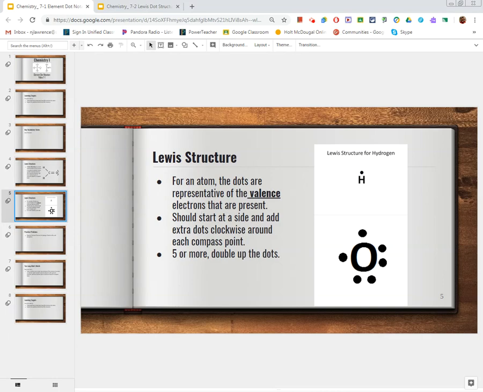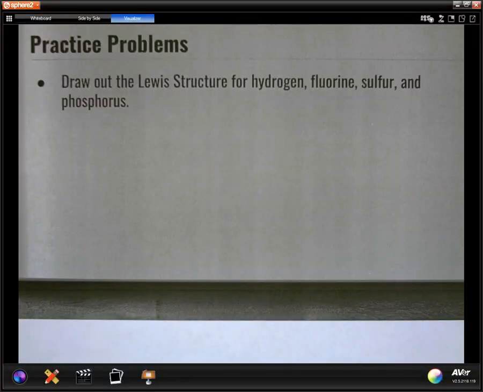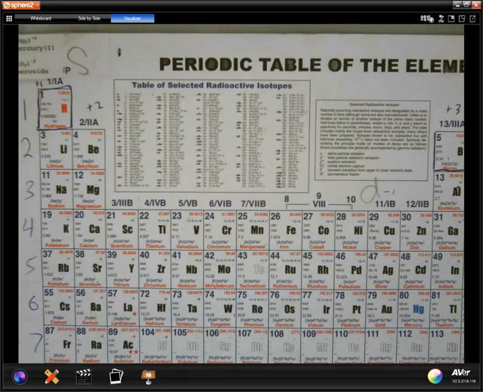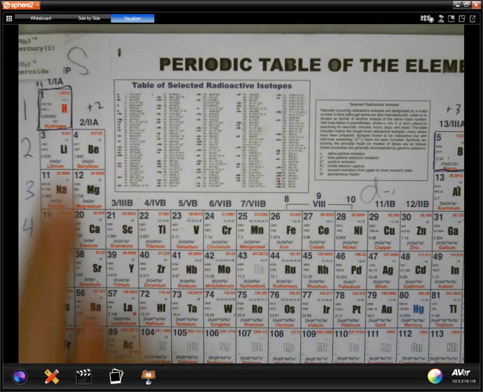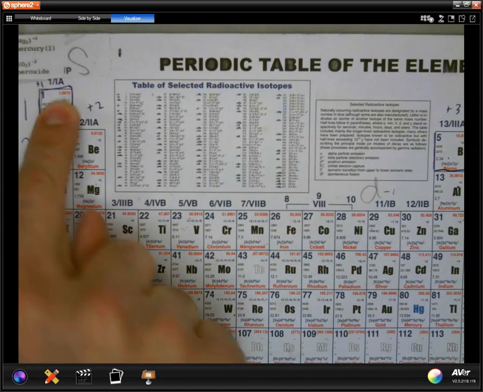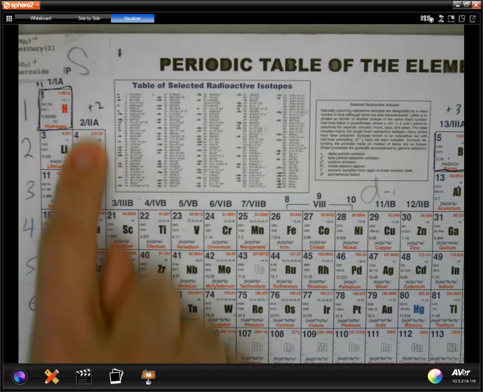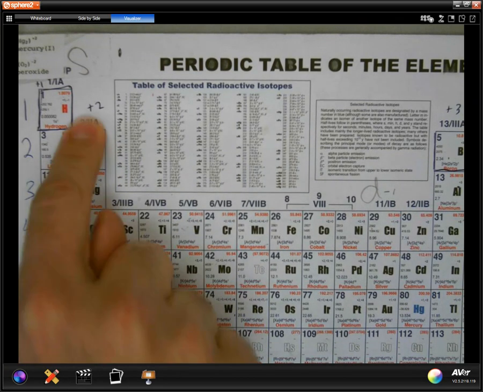So when I look at my periodic table here, let's remind ourselves of how to find valence electrons. All of these in group 1 have 1 valence electron because in their outer shell, there's just 1 electron. In group 2, these all have 2 valence electrons.